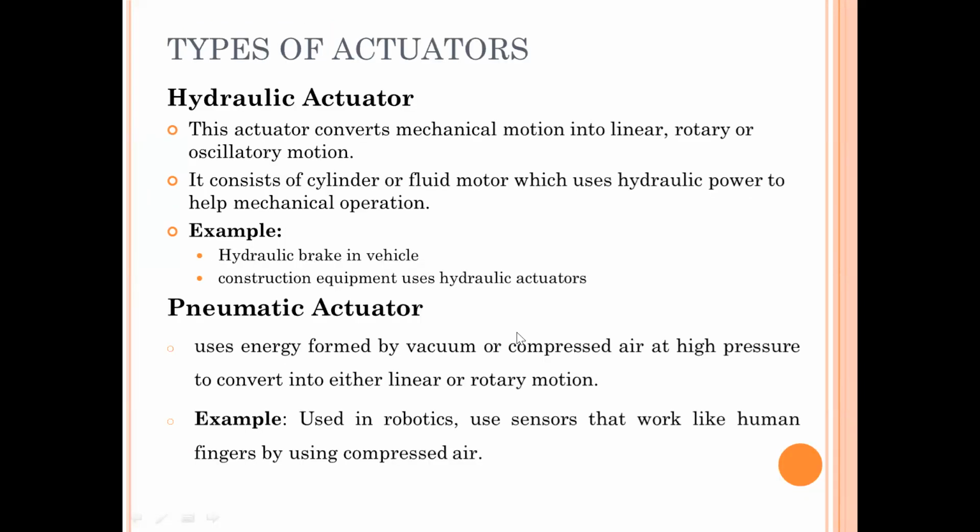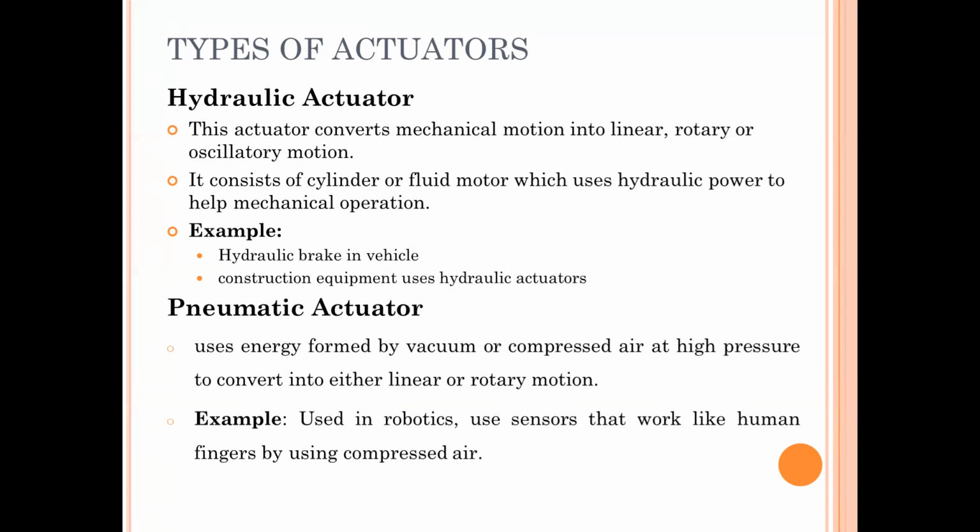There are different types of actuators. Let us see in detail about the different types of actuators. The first one is the hydraulic actuator. All actuators convert energy into a motion or a mechanical force. What type of input it reads and what type of output it produces is the difference.